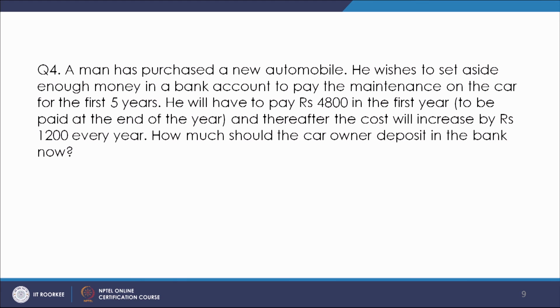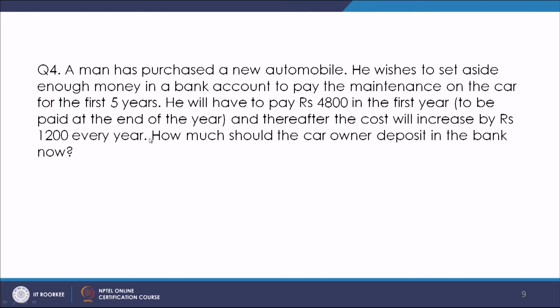Next, there is a question which again talks about the use of the gradient series factor, where a man is purchasing a new automobile and he has to put aside some money in the bank so that he can pay the maintenance fee of the car every year end. For the first 5 years he has to pay 4,800 in the first year, and thereafter the cost will increase by rupees 1200 every year.